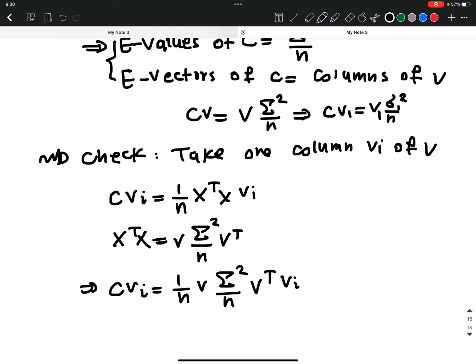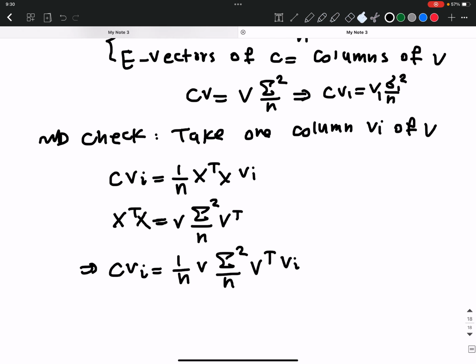So what is this now? V is basically my orthonormal basis, v_1 to v_n, right? This is an orthonormal basis.